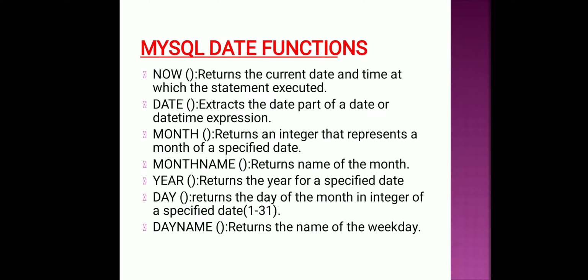The next function is day, which returns the day of the month in integer of a specified date. So you have to pass a date argument to day function, then it will return today's day. For example, you have written select day within parenthesis current date or now.